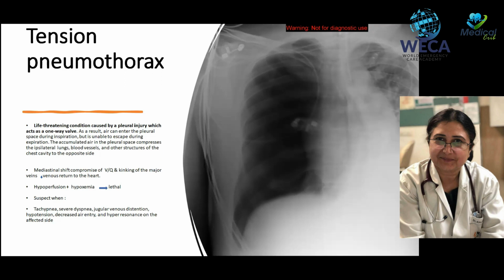The accumulated air compresses the ipsilateral lung, blood vessels, and other structures of the chest cavity to the opposite side. The mediastinal shift, compromise of ventilation perfusion, and kinking of the major vessels result in decreased venous return to the heart. This leads to hypoperfusion and hypoxemia, which is lethal for the patient.